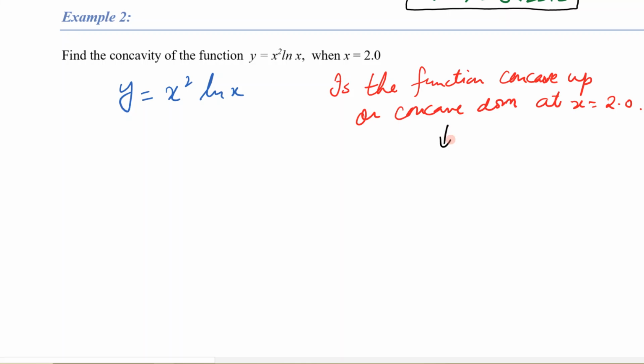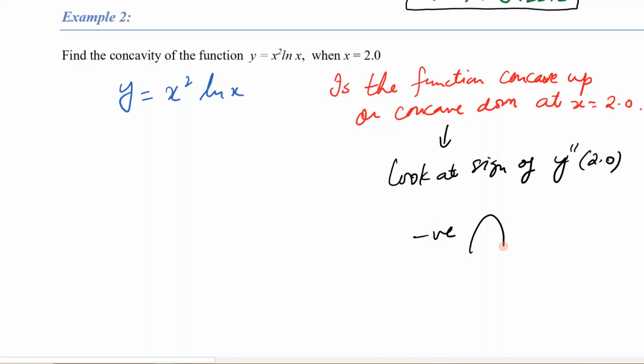In order to figure that out, we look at the sign of the second derivative of this function at x equals 2. If the second derivative is negative, the function is concave down. If the second derivative is positive, the function is concave up. So that's the plan. Let's start with taking our derivative.